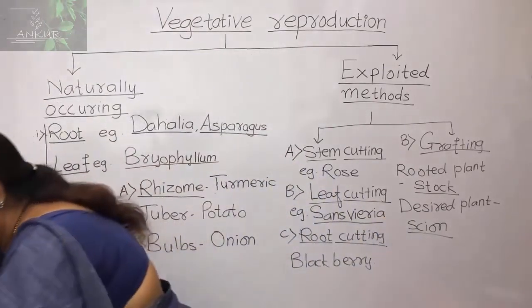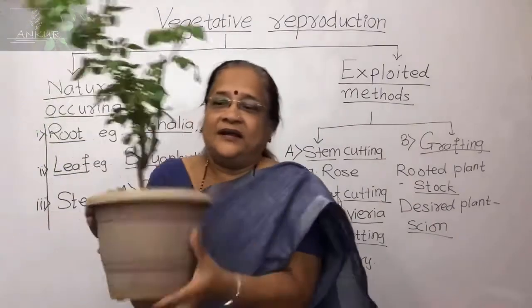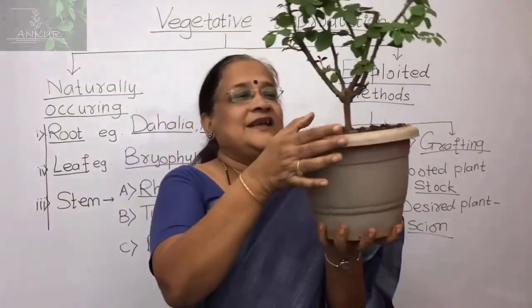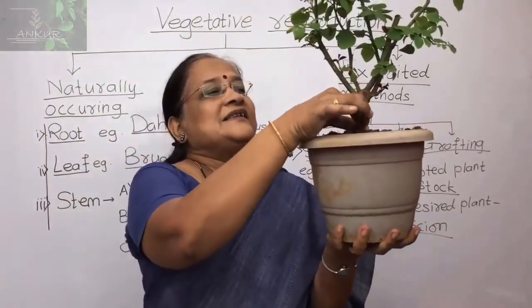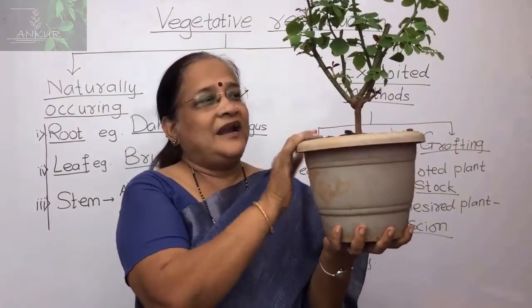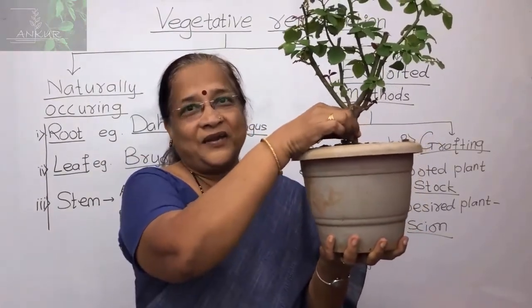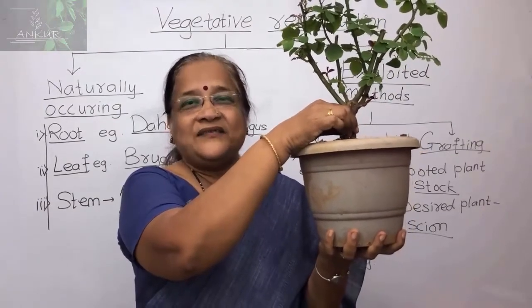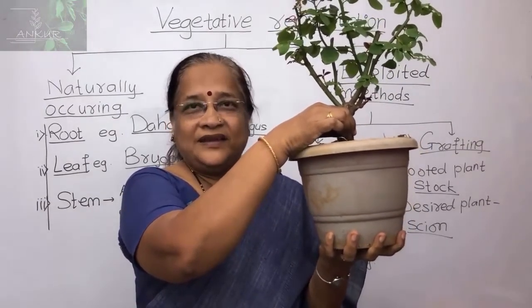Here I will show you one plant, the rose plant. In that, this one is the stock, which is rooted in the pot, and this is the wild variety of that rose, which has vigorous growth and is sturdy.